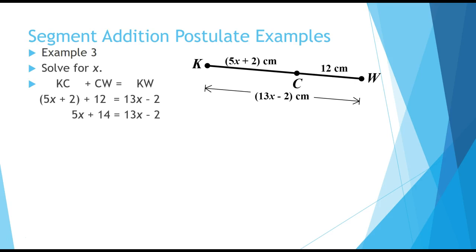In this case, I'm going to choose to move the smaller variable to the left-hand side. So I'm going to subtract 5x, simplify, get my numbers over to the left-hand side, simplify, divide both sides by 8, we get 2 equals x, or for my final answer, x equals 2.